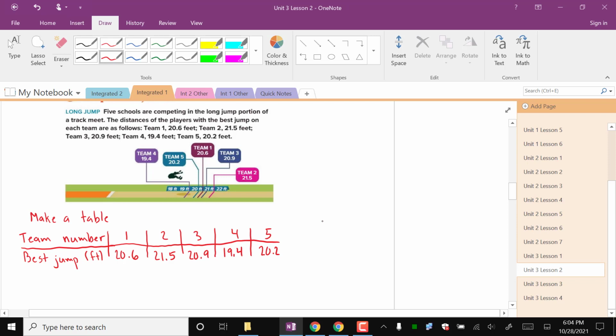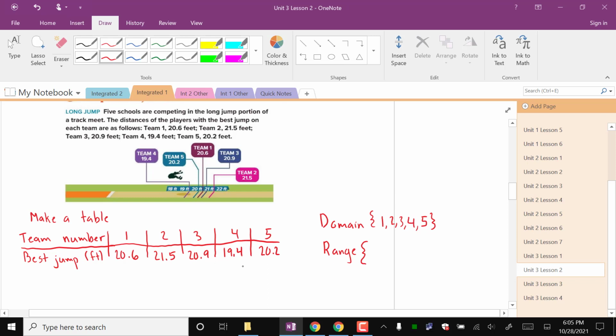Now let's come up with the domain. Just list it off, and the range for this problem. The domain, as we said, is the team numbers, so that'd be 1, 2, 3, 4, and 5. The range is all their best jumps in feet.